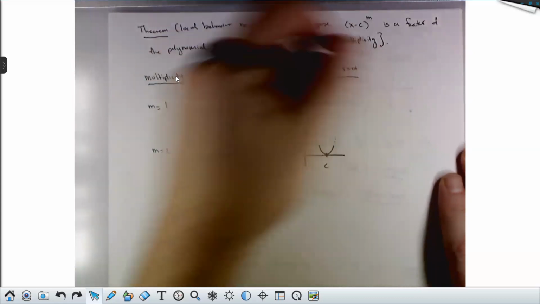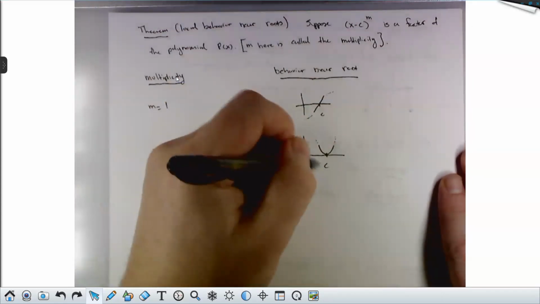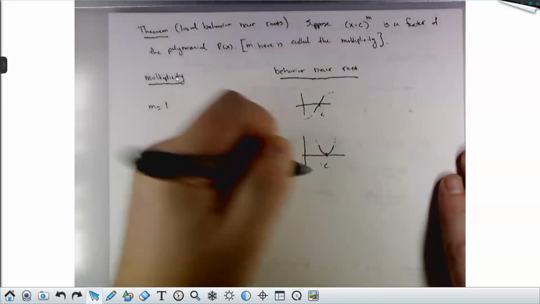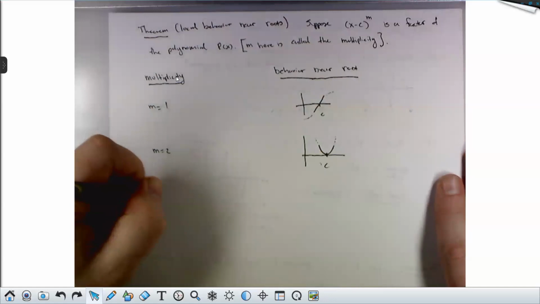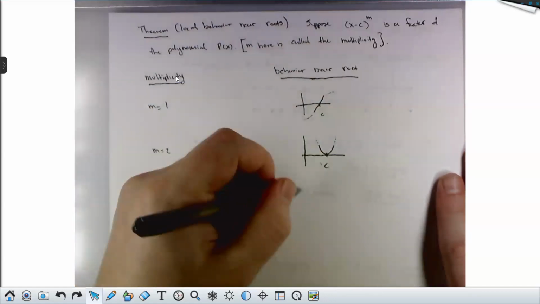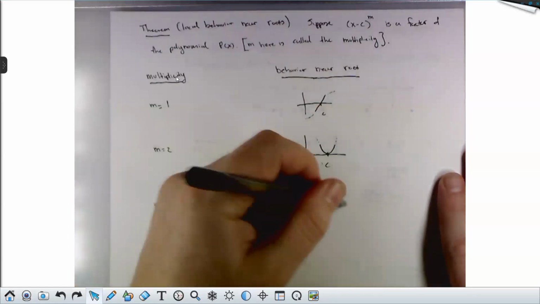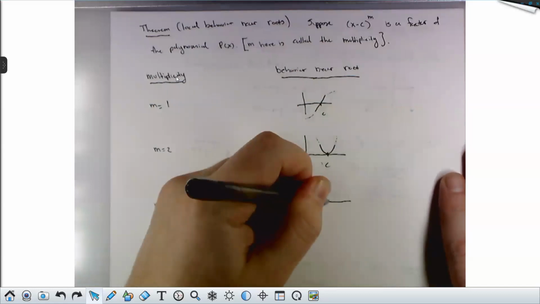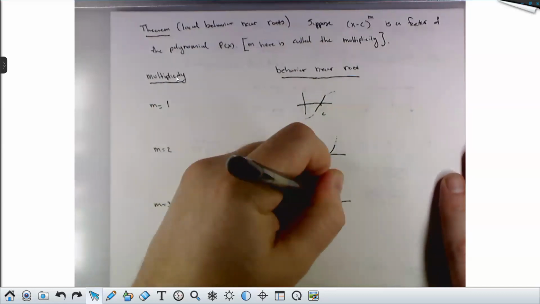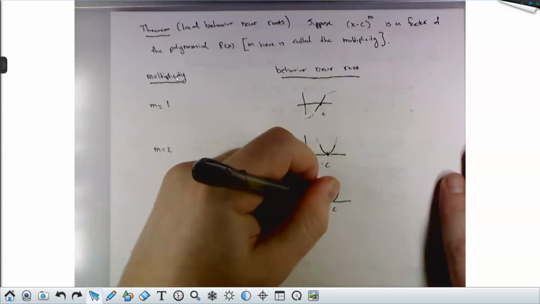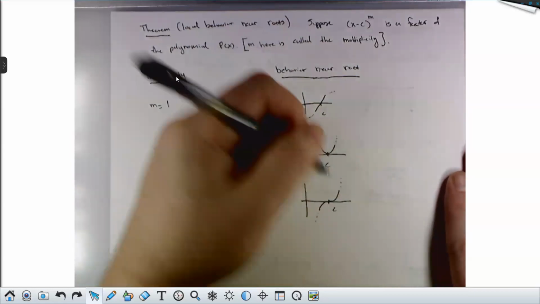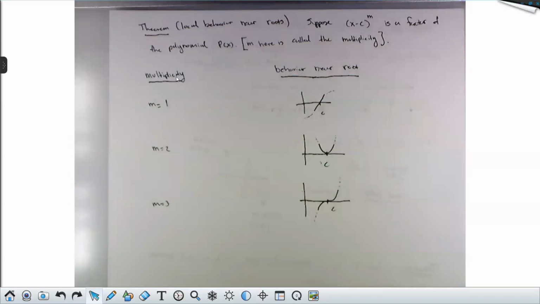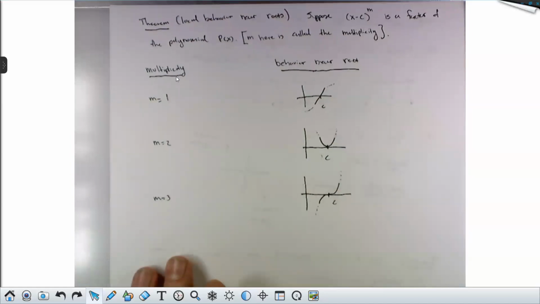It could also cross over like this, and you could also bounce like this. If m is equal to 3, if you have a multiplicity 3 root, then the behavior near that root is going to be similar to the behavior of x cubed near 0. Something like this, and so on.